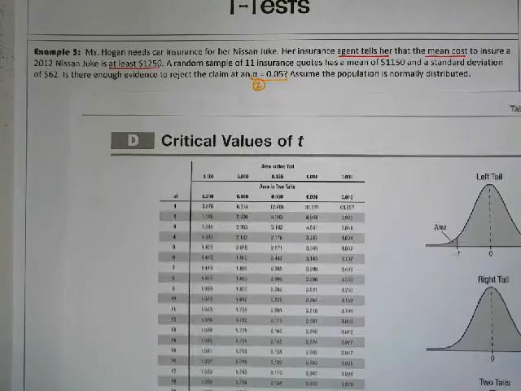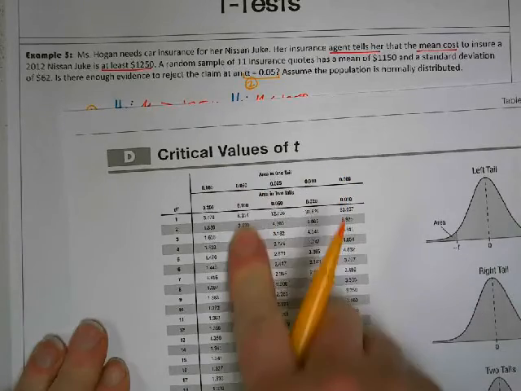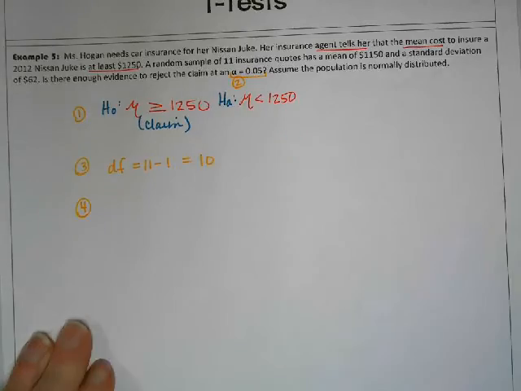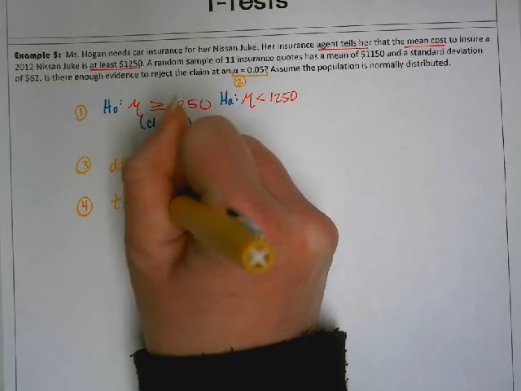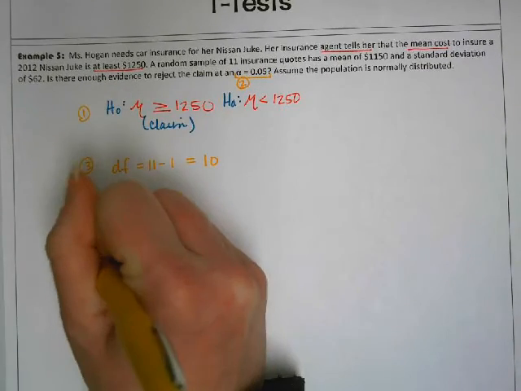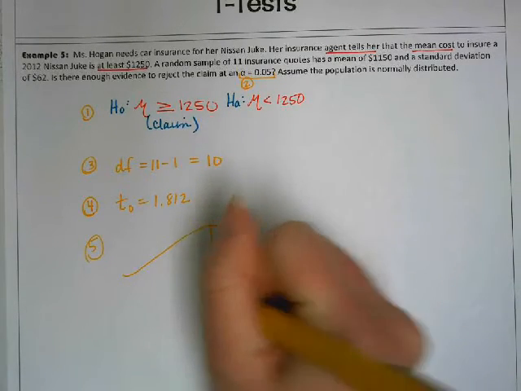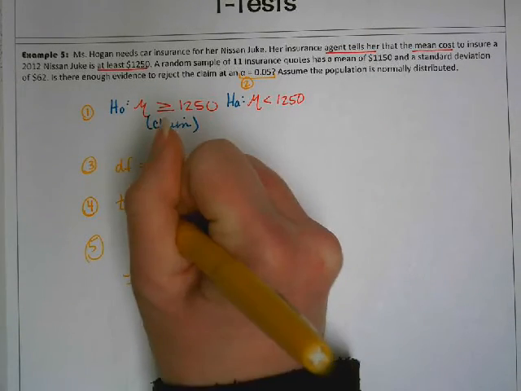At a 0.05 significance with 10 degrees of freedom, my t critical is 1.812. Now, it's a left-tailed test, so it's actually negative 1.812.